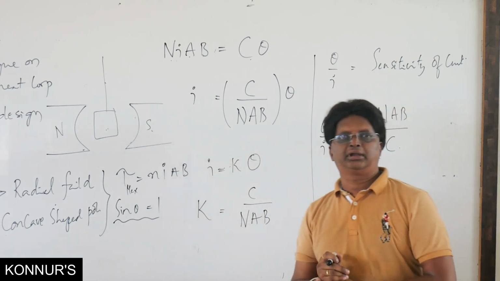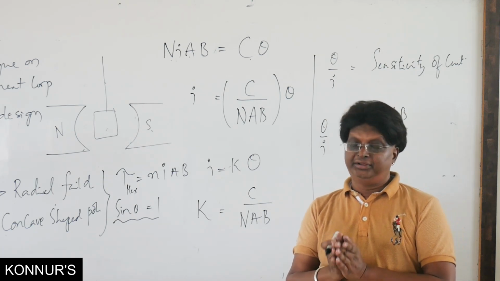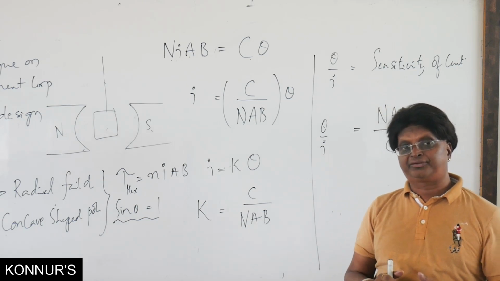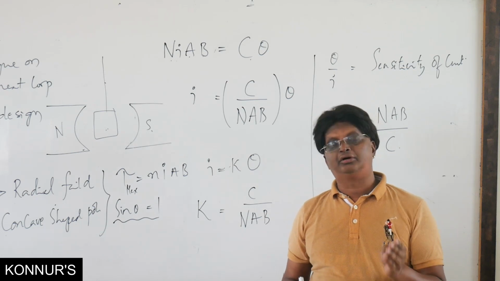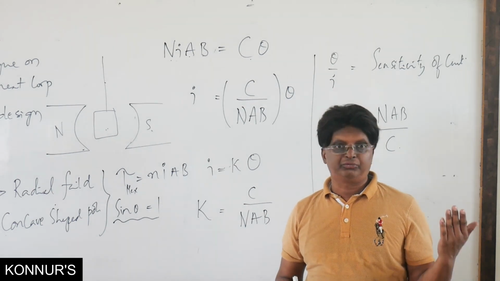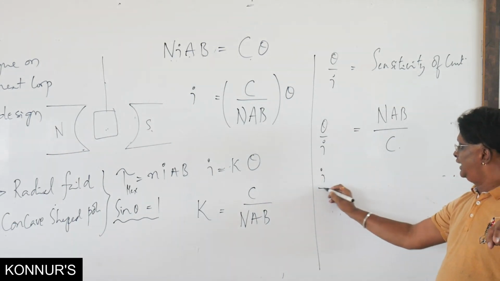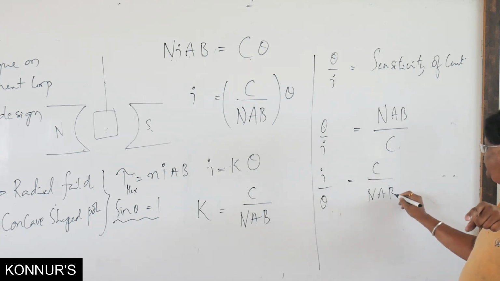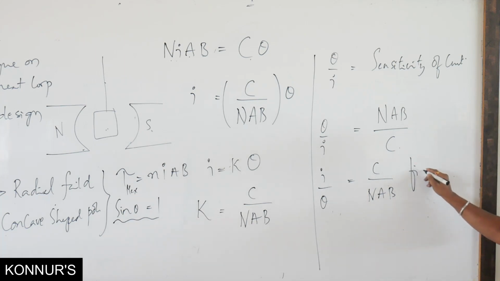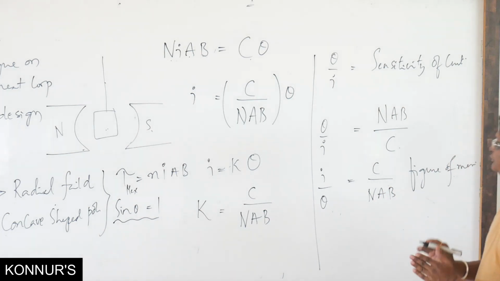Remember, the sensitivity of the current refers to the least count of the device, and which is always inversely proportional to the range of the device. Range, the maximum value that we can measure. Here we are writing theta by I, the current sensitivity. Supposing I am told to write the reciprocal, I by theta is C by NAB, and this is called figure of merit, otherwise called as the range of the device. So this is the most important thing.